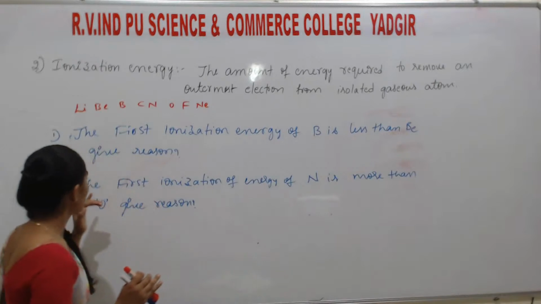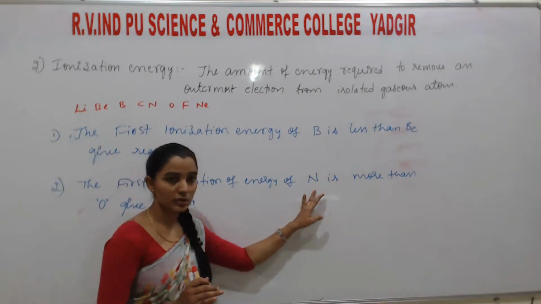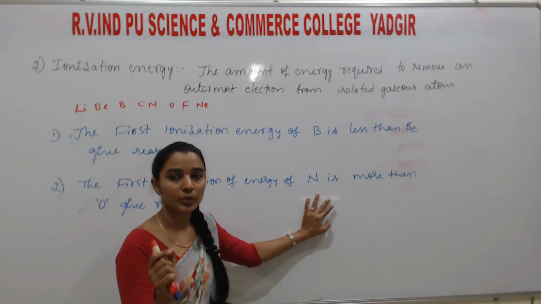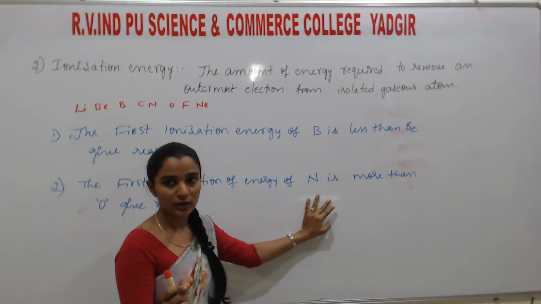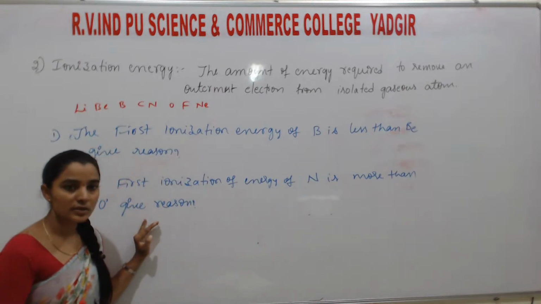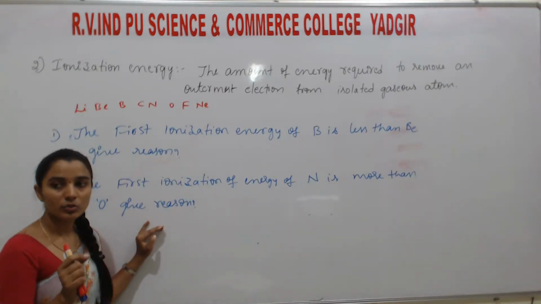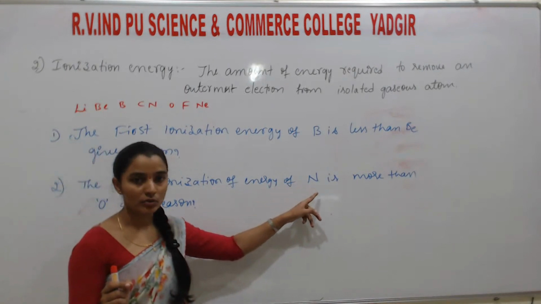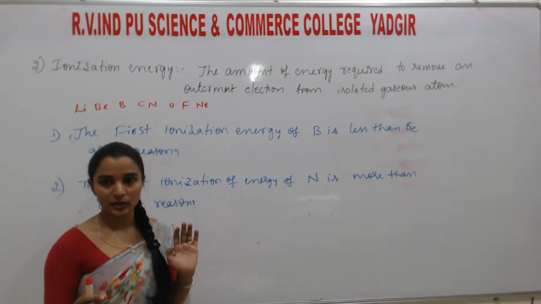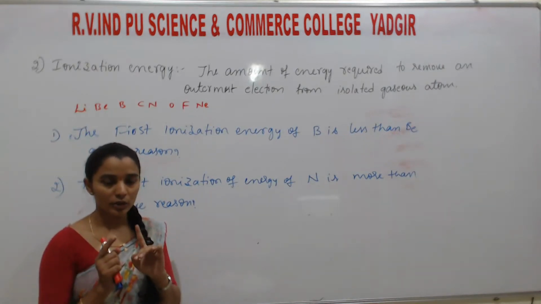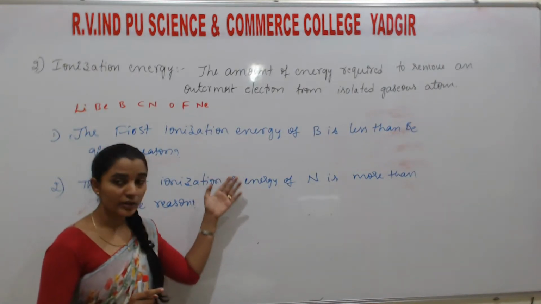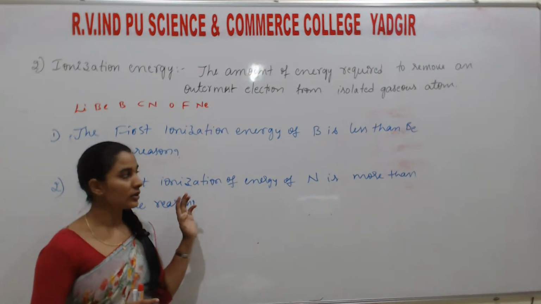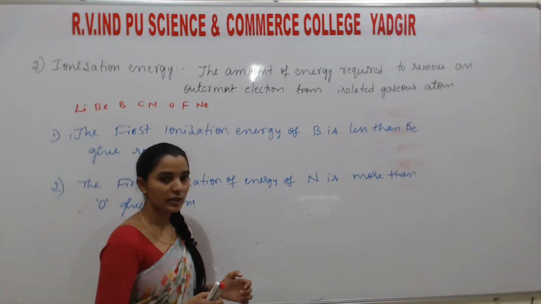Next, in nitrogen, the first ionization energy of nitrogen is more because it has a configuration 1s2 2s2 2p3, stable configuration. Next, oxygen has unstable configuration 1s2 2s2 2p4. To break the stability in nitrogen, we require more energy. Understood? Only this much you will get, because often they ask these questions. Okay, the remaining properties I will explain in the next class.